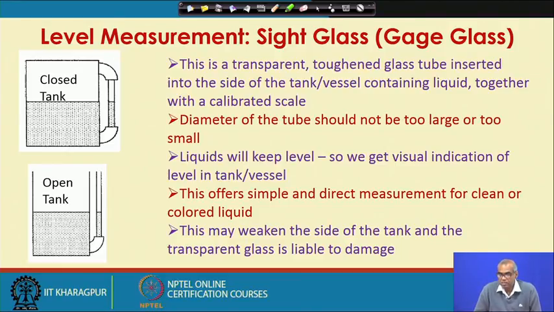So, sight glass or gauge glass is nothing but a transparent toughened glass tube inserted into the side of the tank or vessel containing the liquid, and there is a calibrated scale etched on the toughened glass tube, which is the sight glass.